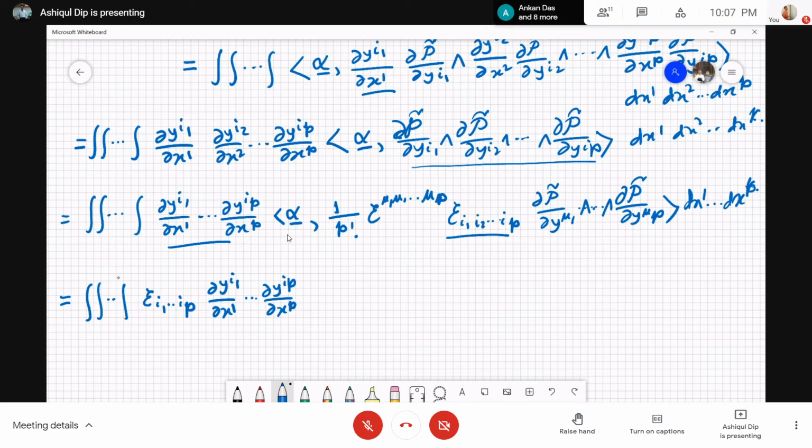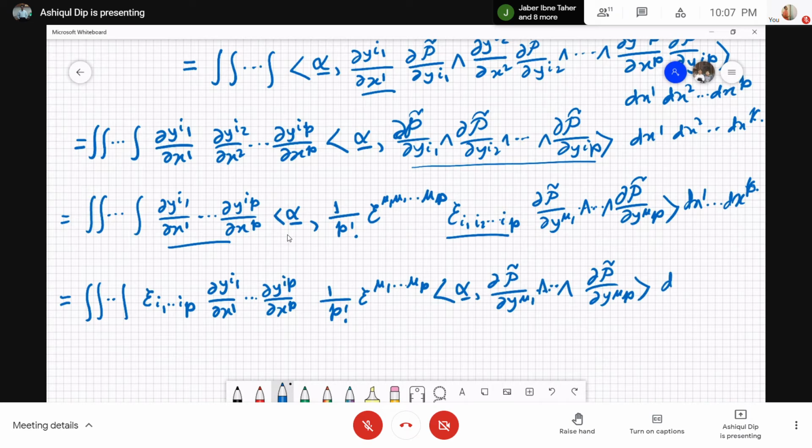Then let's write the other part, like 1 over p factorial, because those are numbers, so I don't care much. Mu1 up to mu p, alpha with delta p tilde by delta y mu1 up to delta p by delta y mu p, like that.